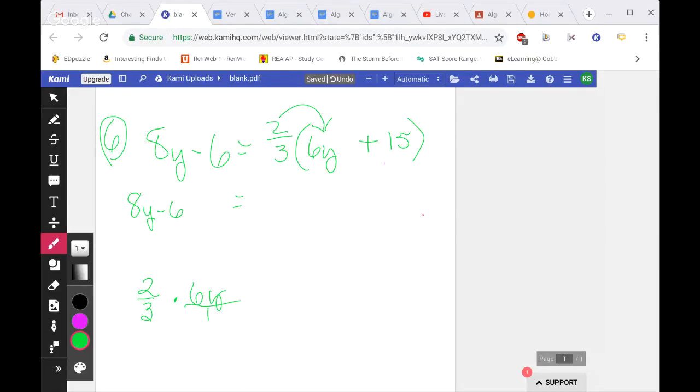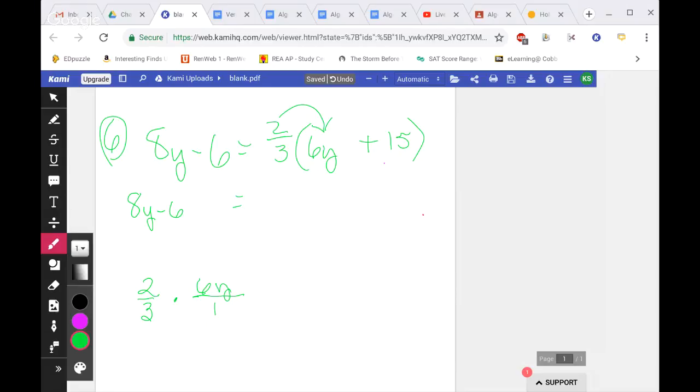Hold on. Let me erase and then redo because I want to make sure it's even. Does that make sense to you? Like anything, if I want to express it as a fraction, I literally have to put it over 1, right? Put 8y minus 6 equals 2/3 times 6y over 1?